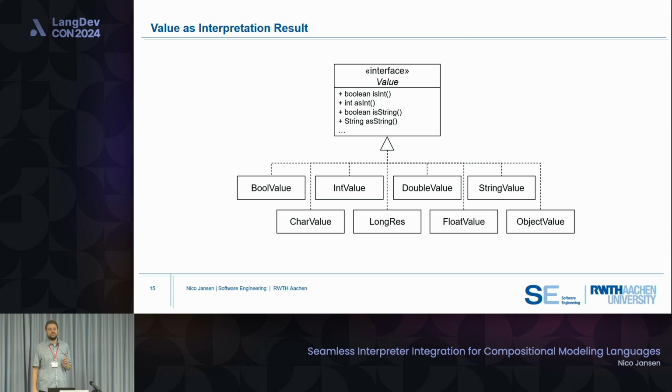But what is actually a problem, and we have ideas but haven't solved it, is this object value, because you're not always dealing with just primitive or basic types, but you can have some type which is called timer or something like this, which might happen. So here we are currently working on providing more support to incorporate these more seamlessly. Currently, you can do this via lots of ugly typecasting and so on. We don't want to do this, but you're right. This is something we have to work on.